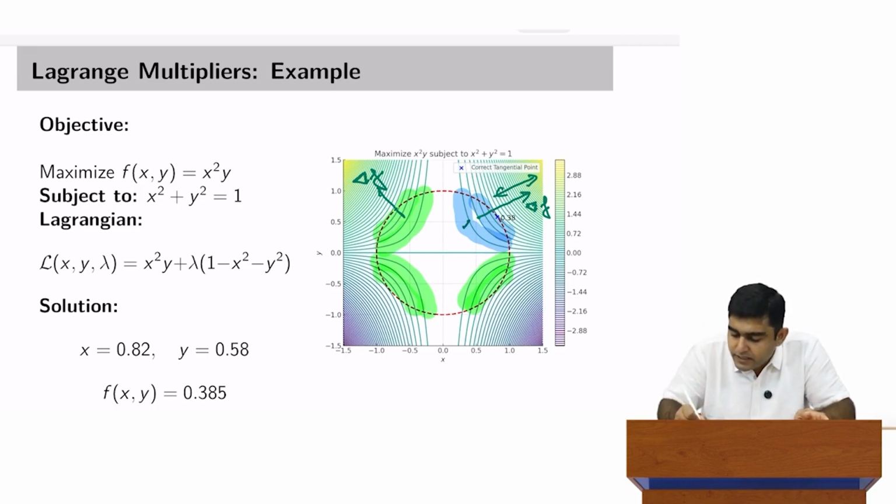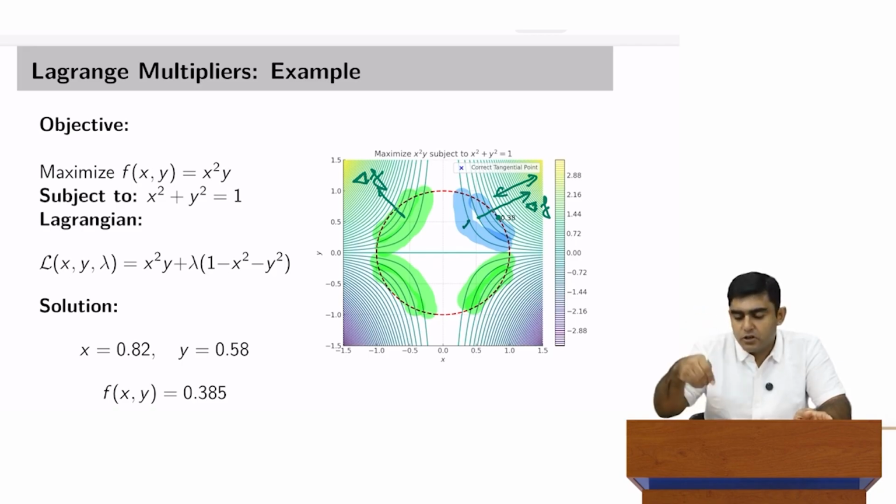And we clearly see that the maximum value happens at a point which is just touching this particular circle, or the contour line just kisses the curve traced by the constraint, and that is the point of interest for us when we talk about these problems.